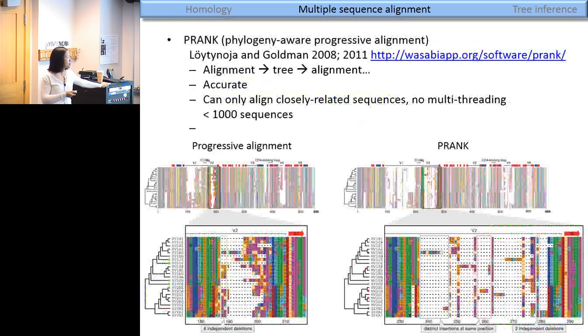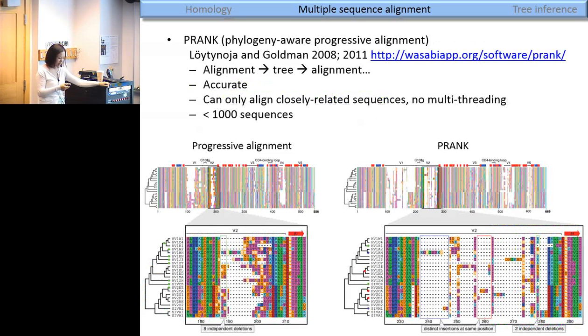So another tool that's really nice is PRANK. It's a relatively recent tool. First, you can give it an input tree or alignment, but it will do its own alignment. It will do an alignment, make a tree, and re-estimate the alignment taking evolutionary events into account.